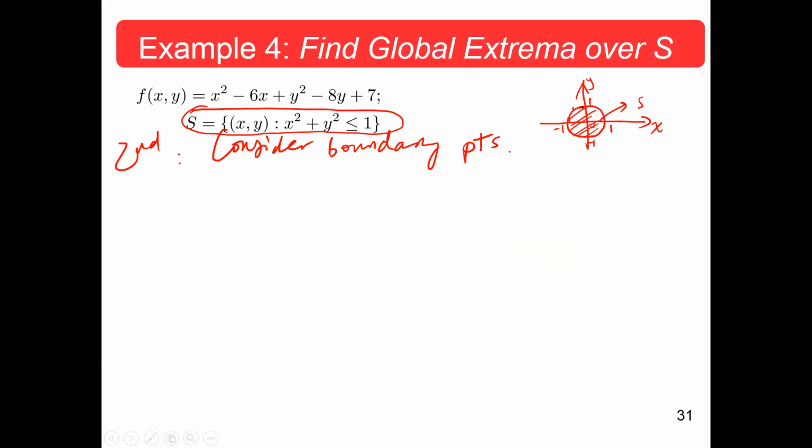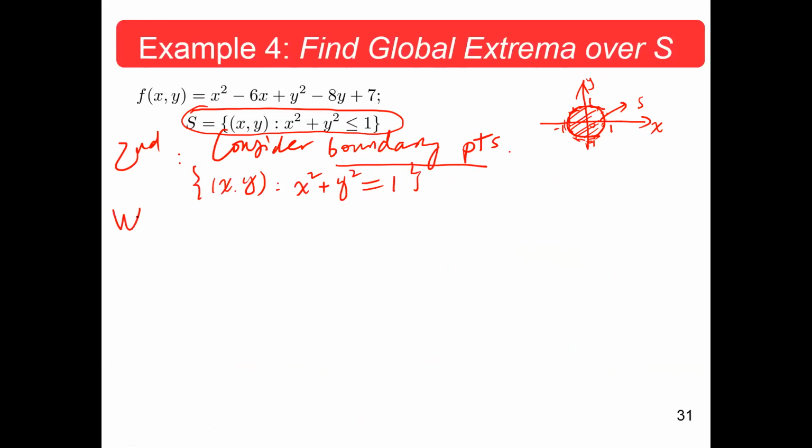The boundary would be these, if you look at the boundary. The boundary is the points exactly on the circle. You guys agree? Okay. So boundary points would be those points x, y such that x squared plus y squared is exactly equal to 1.